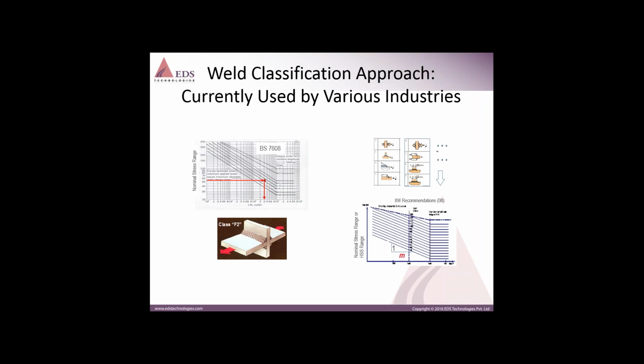Another similar approach is suggested by IIW. This assumes that the curve can be shifted up and down. Basically, based on your load definition, you work out what kind of fatigue class you are using.